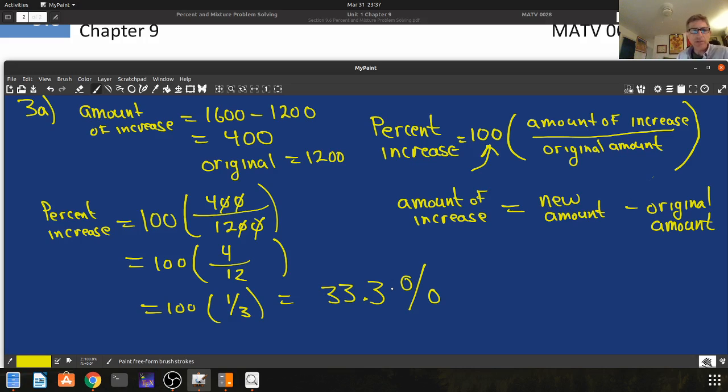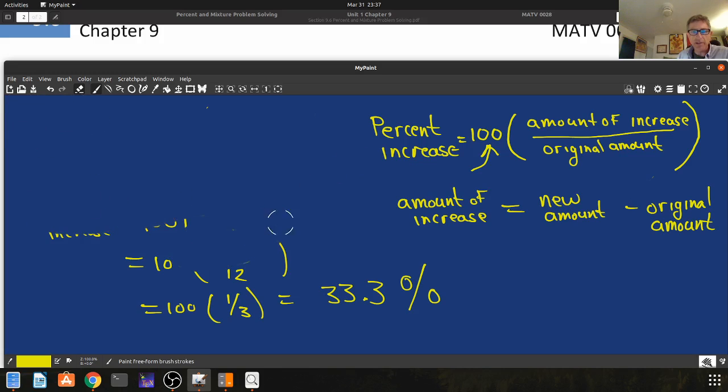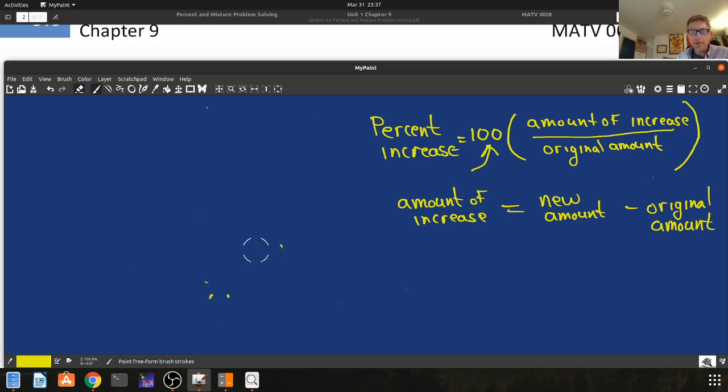Okay, so now I'm actually going to erase this work over here, because I want to modify our formula slightly. Instead of doing percent of increase, we're going to do percent of decrease.